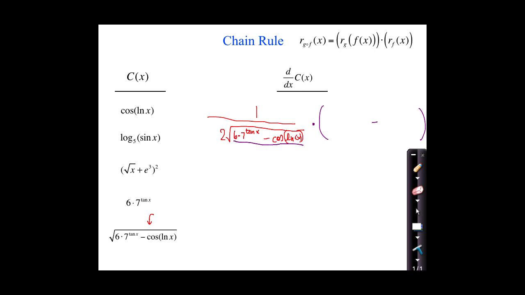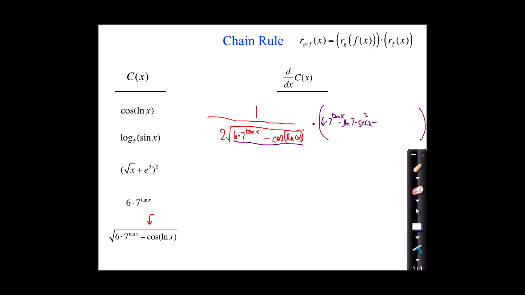And the 2 halves of that subtraction are things that we previously worked out. The derivative of 6 times 7 to the tangent of x was kind of a mess, but it was 6 times 7 to the tangent of x times natural log of 7, and then times the derivative of tangent of x, which is secant squared of x.